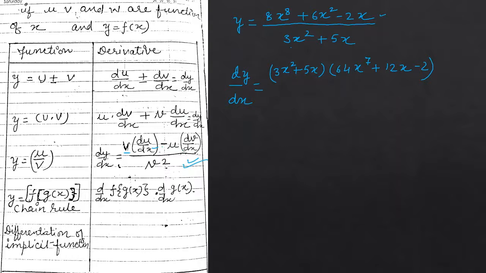Then we will put the minus sign, and we will put this term as it is this time, so 8x⁸ + 6x² − 2x into the differentiation of this term, 6x + 5, right, and this whole upon (3x² + 5x).